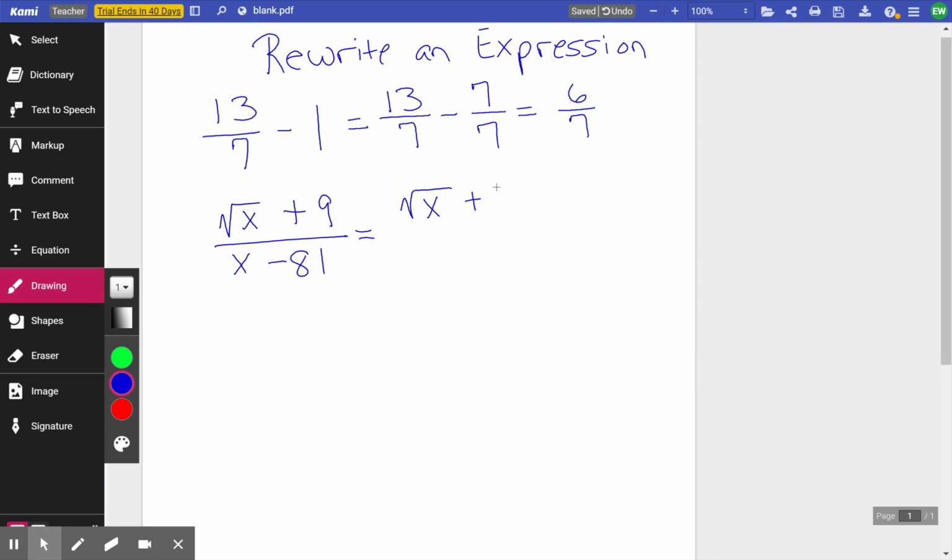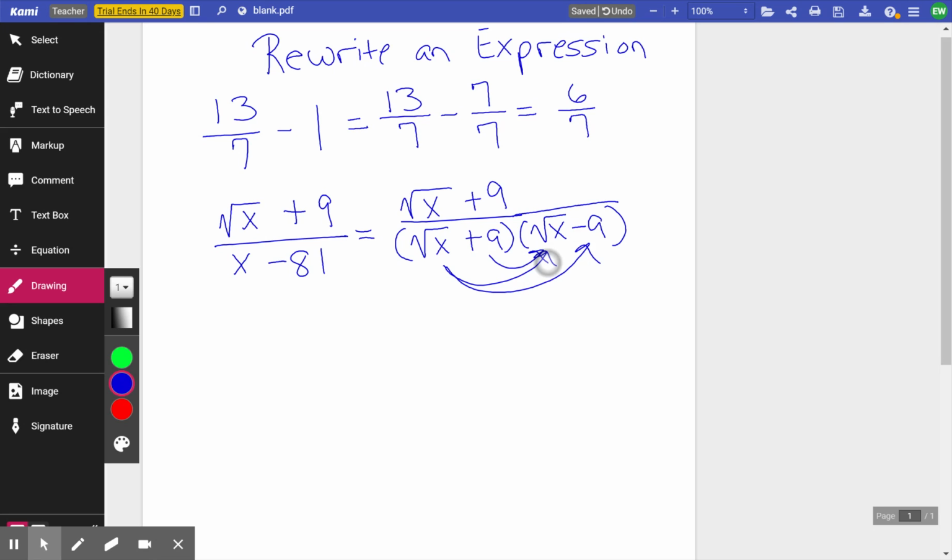So again, if I keep the numerator the same, I can rename this denominator x minus 81 to be this product, square root of x plus 9 times square root of x minus 9. I'll leave it for you as an exercise to go back and do the distributive property, and you will see that once you multiply all of this out, you do indeed get back x minus 81.